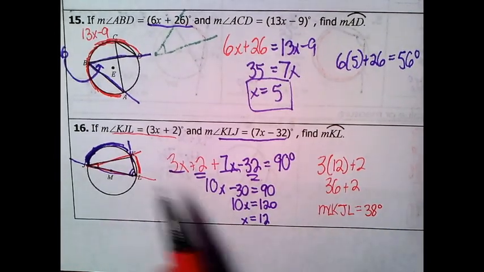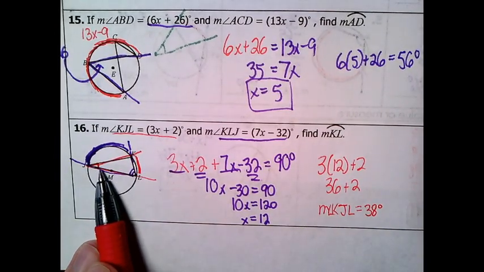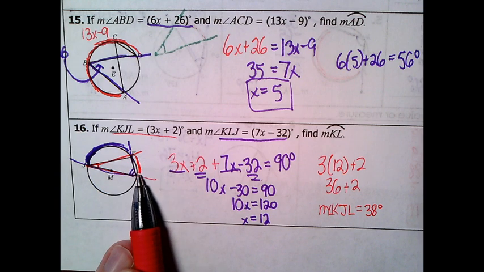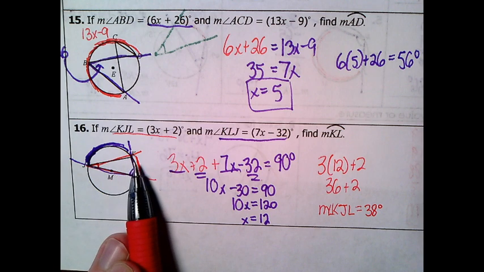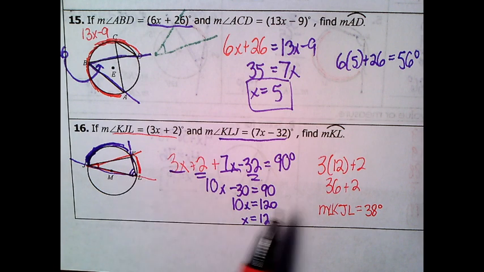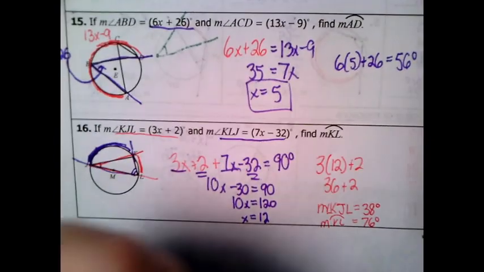So if I know this is 38, okay, I know the little part's 38. Ultimately, they wanted this arc. So I got to go from small to big, so that means I got to double it. So I'm going to double this. So the arc, KL, is 76 degrees. That's it, doubled.